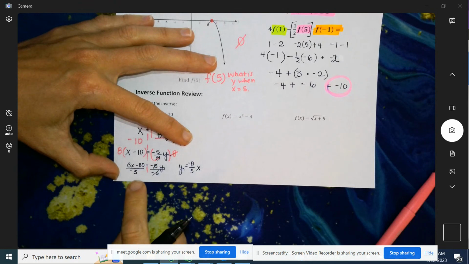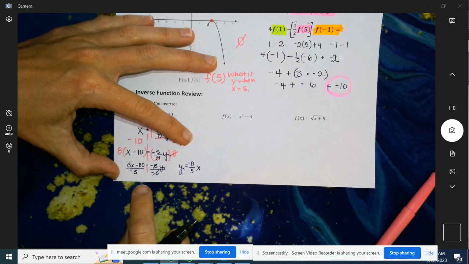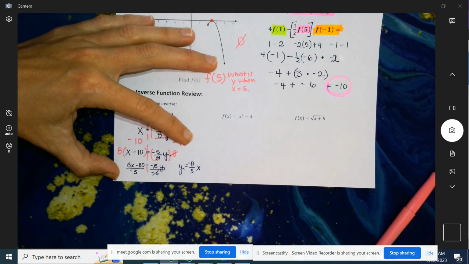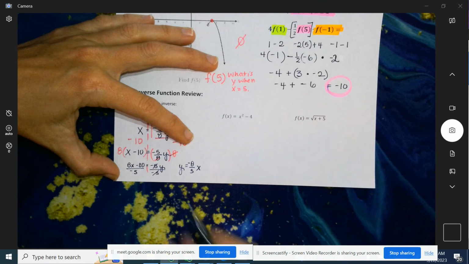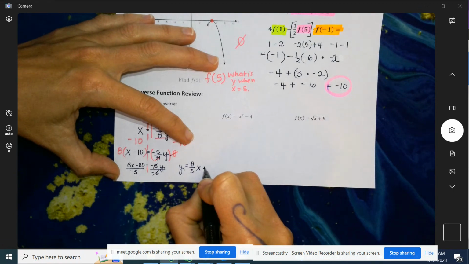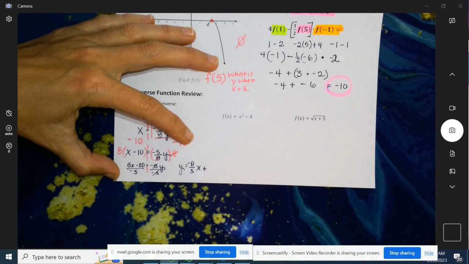Negative 80 divided by a negative 5 is going to give me what? Or 80 divided by 5, because negative divided by negative is going to give me a positive. Does anybody have an idea what 80 divided by 5 is?